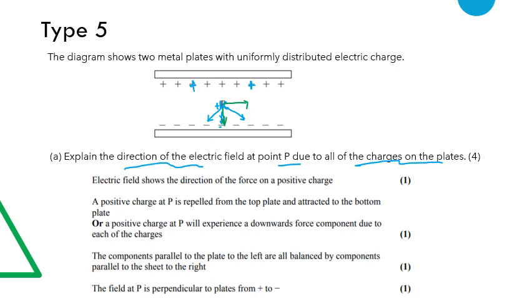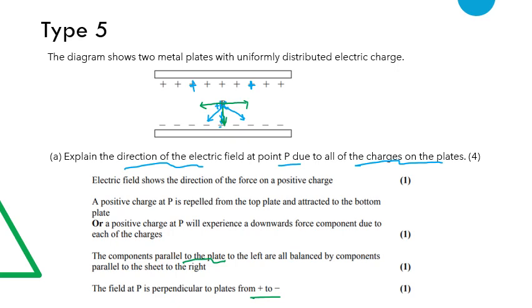That one also could be split into two components, horizontal and vertical, and the components parallel to the plate, right? They cancel out. At the same time, the vertical ones will be added up. So the field at P is perpendicular to the plate from positive to negative.